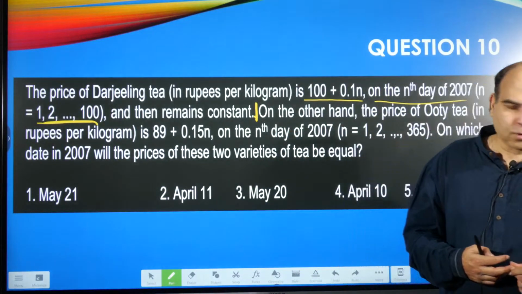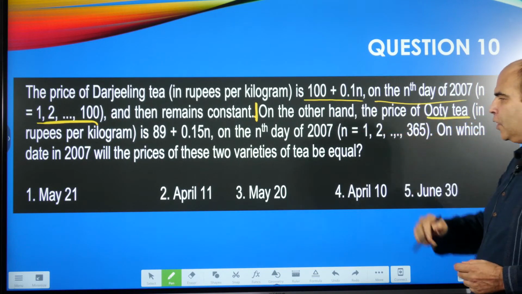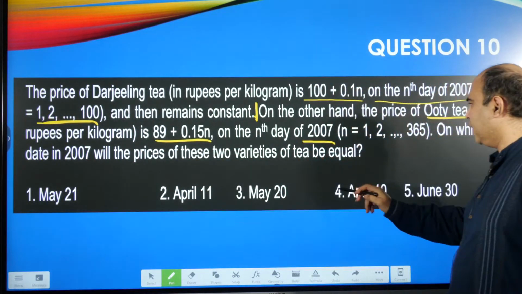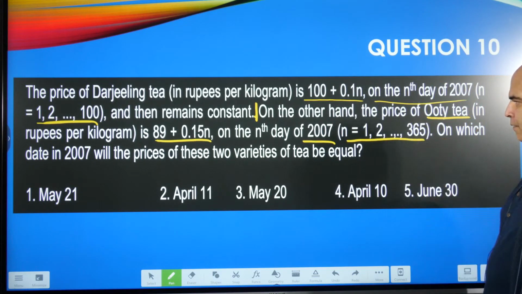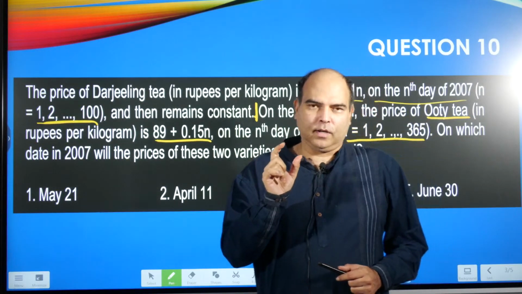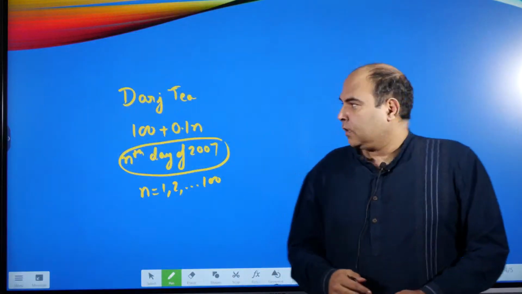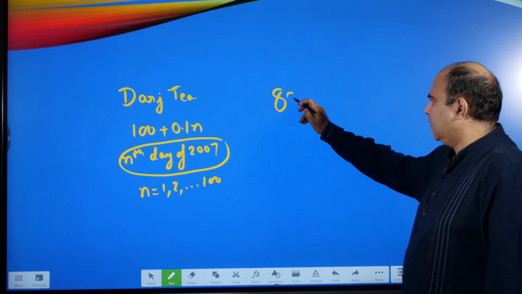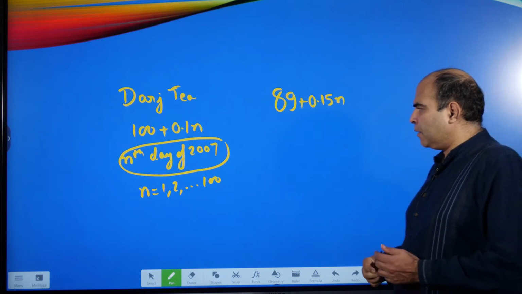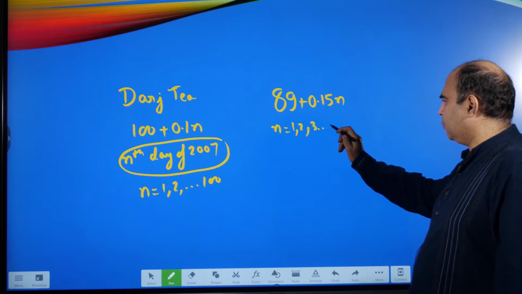Coming back, on the other hand, the price of OTT in rupees per kilogram is 89 plus 0.15 N on the nth day of 2007, where N is equal to 1, 2, 3 up to 365.